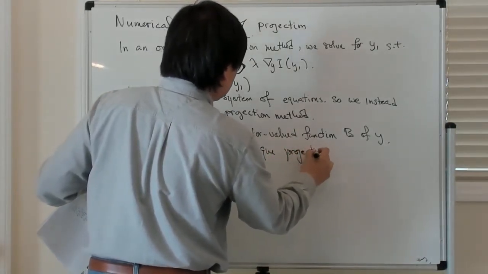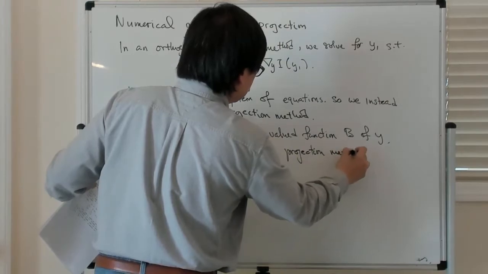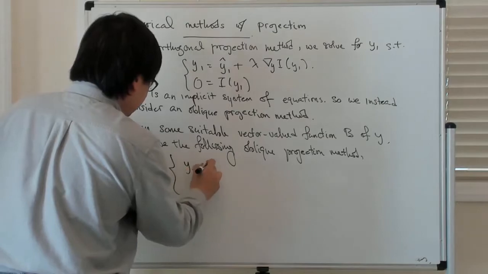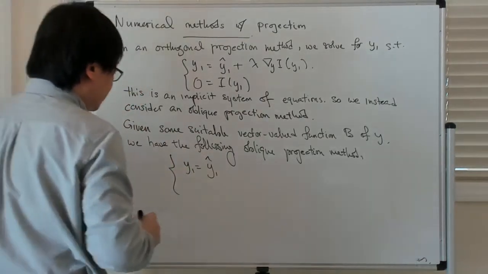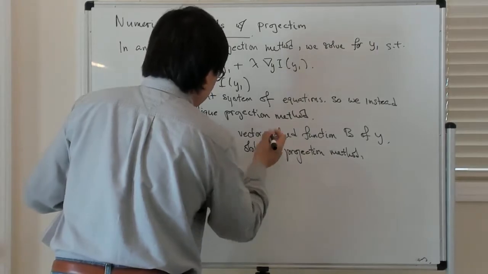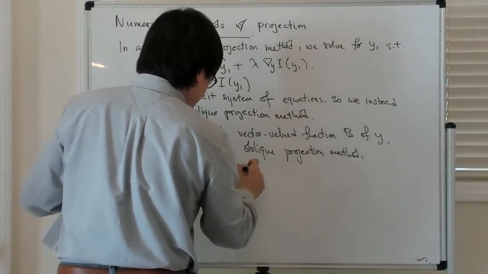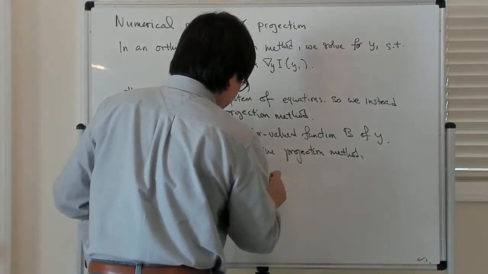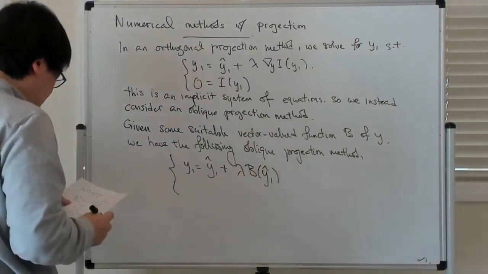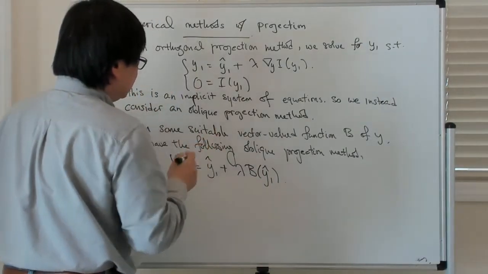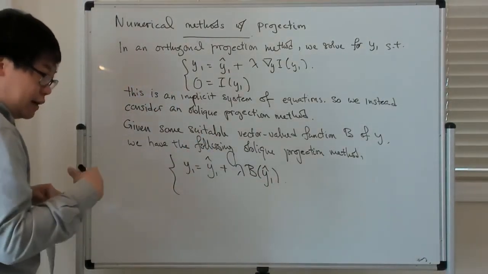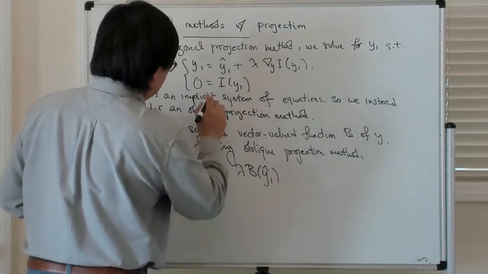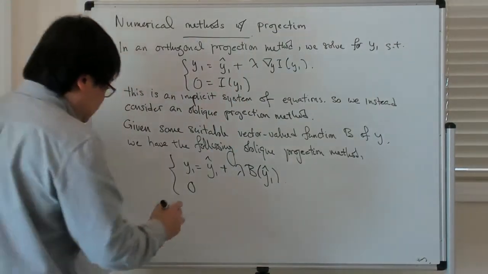Again, y1 is equal to y1 hat, which was your initial candidate, plus lambda, and instead of the gradient of I, you replace it with b, and instead of evaluating at y1, you evaluate it at y1 hat, which you already know. And then again, you write down the condition that y1 is on the zero level set of the first integral, which is what you want.